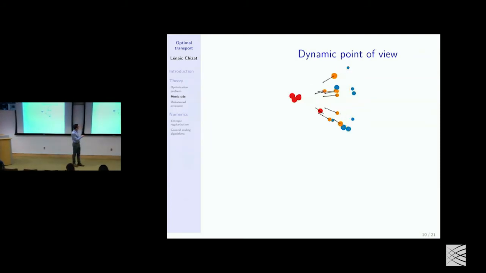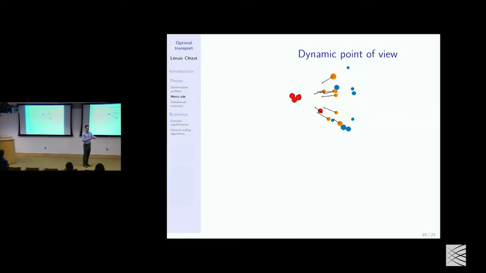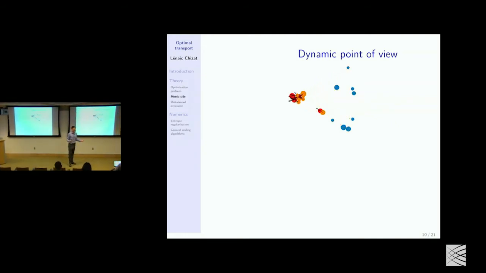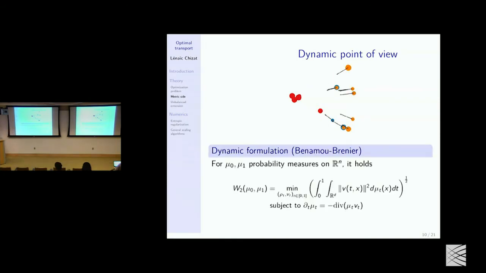So if I compute its squared velocity, I obtain exactly the squared distance between the two points. If I multiply this by the mass of each particle, from the dynamic point of view I get the kinetic energy of the interpolation. And if I integrate in time, I get the integral of the squared distance times the mass that is transported. So it gives me another way to look at optimal transport, which is a dynamical point of view.